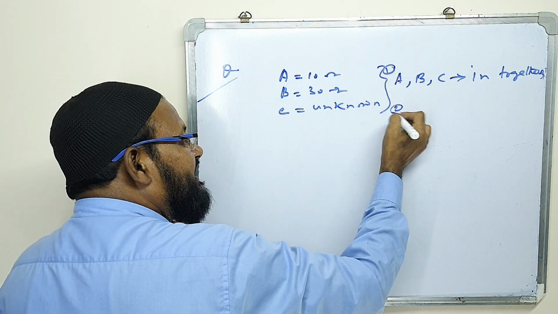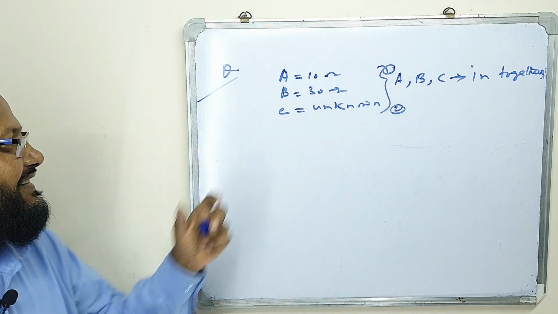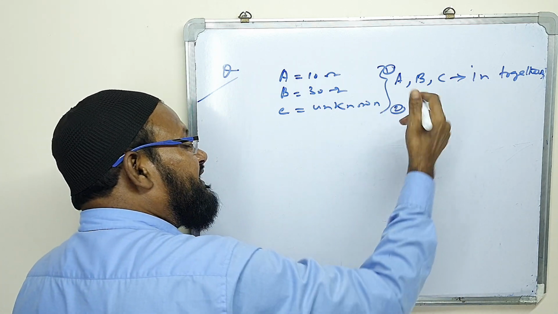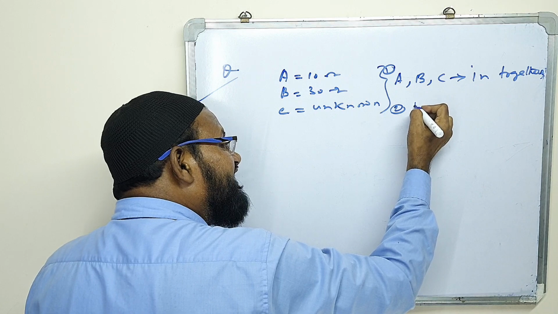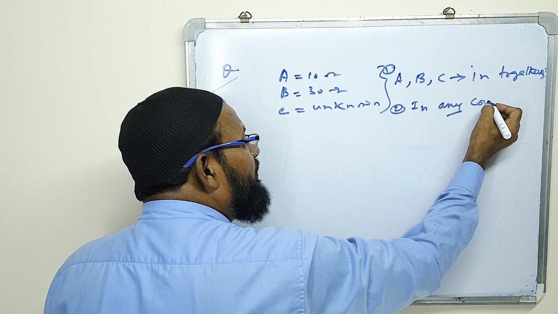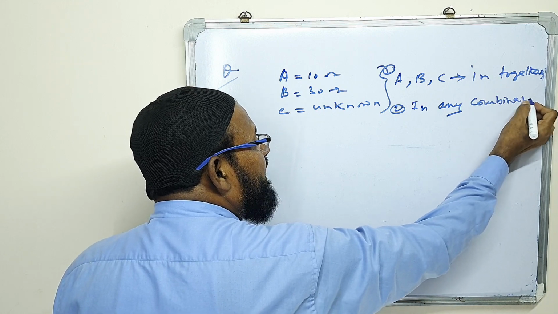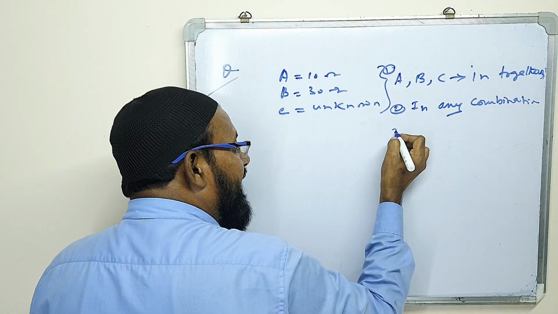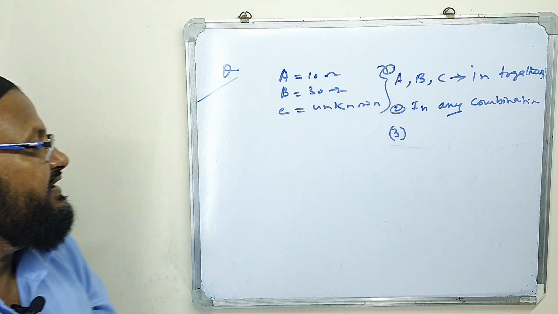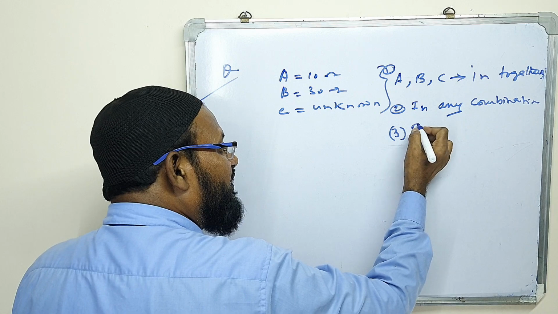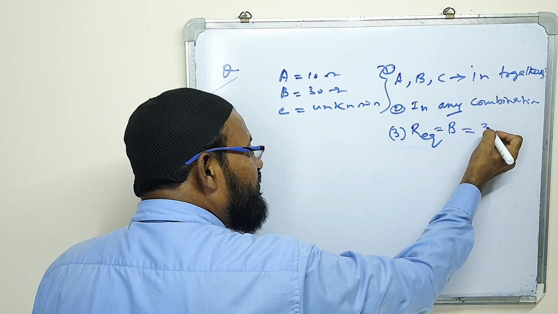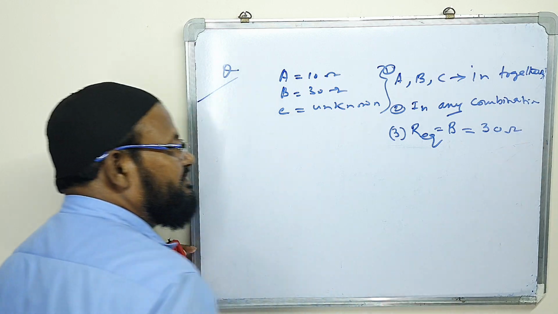Condition number 2: A, B, C can be used in any combination. And condition number 3: the ultimate or final or equivalent resistance will be equal to B, that is 30 ohm.